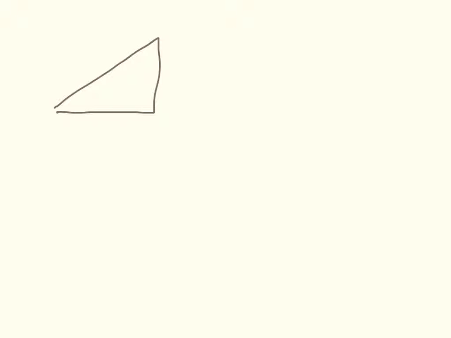Right, let's redraw our triangle. 12, 5 and 13. And here's my alpha. So the cosine of x is equal to 5/13.